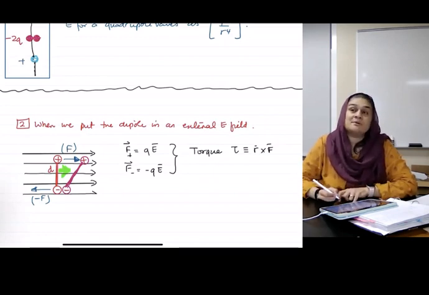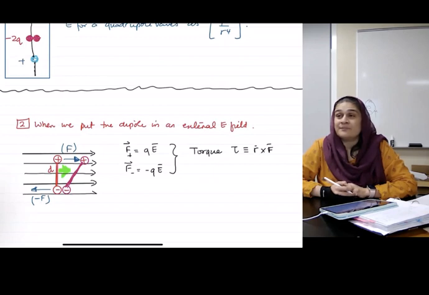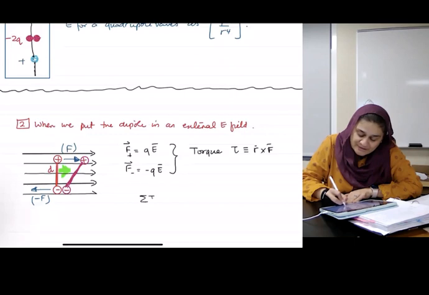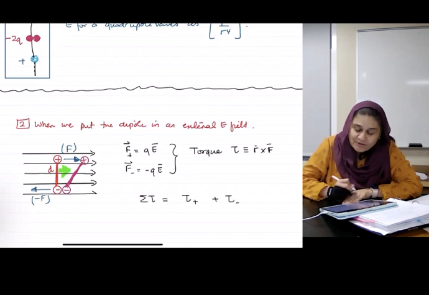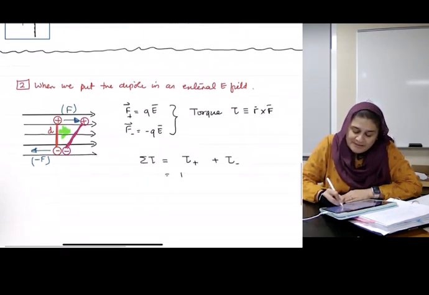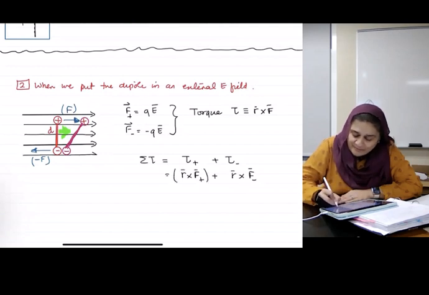Do we also remember when more than one force acts on an object, we call it net force, sigma F? Is that also going to be true for torques? So may I write the two forces as torque due to plus and torque due to minus? And is that a correct statement?